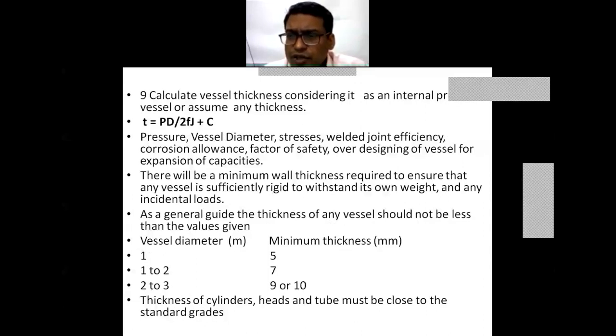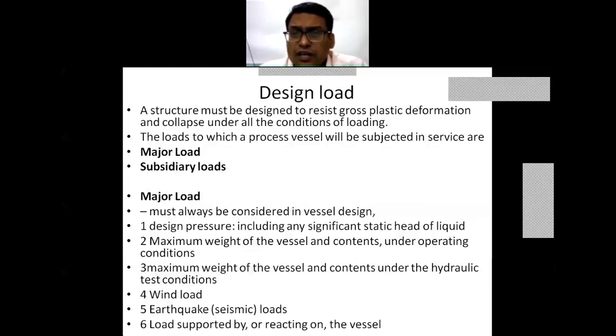In case of pipe length, you go for a 10 feet pipe length or 20 feet or 15 feet, depending on the market availability. One has to select with specific consideration. Now considering the design load.